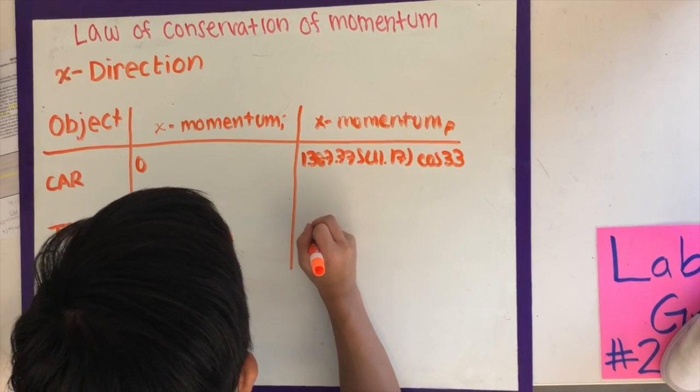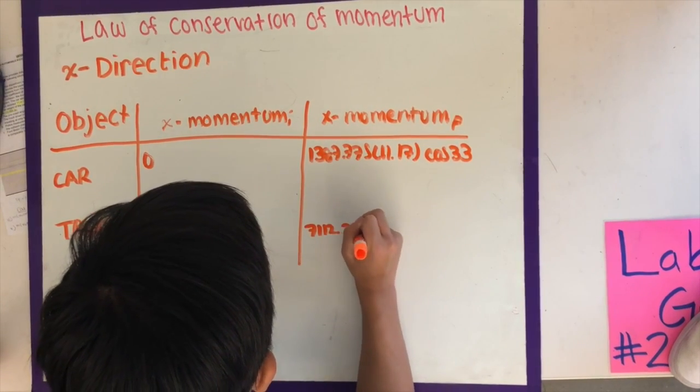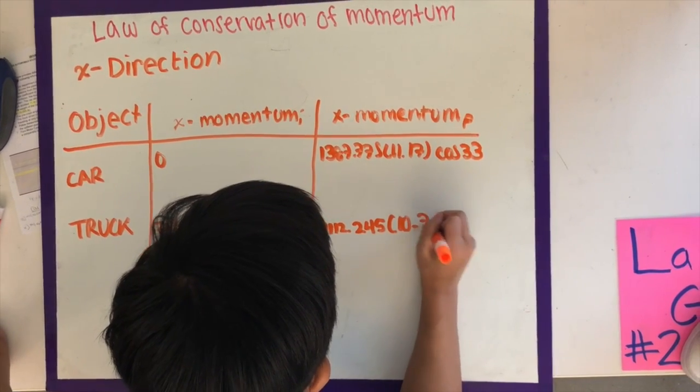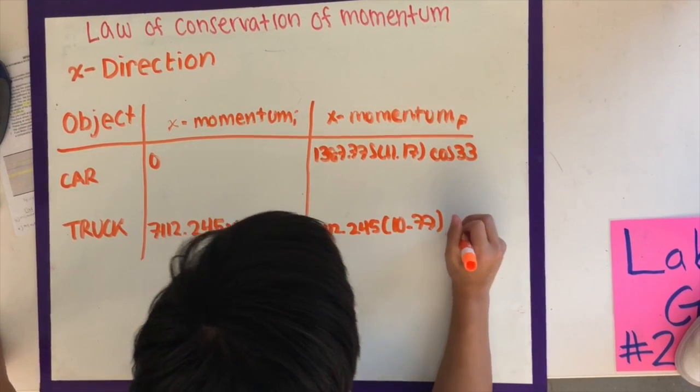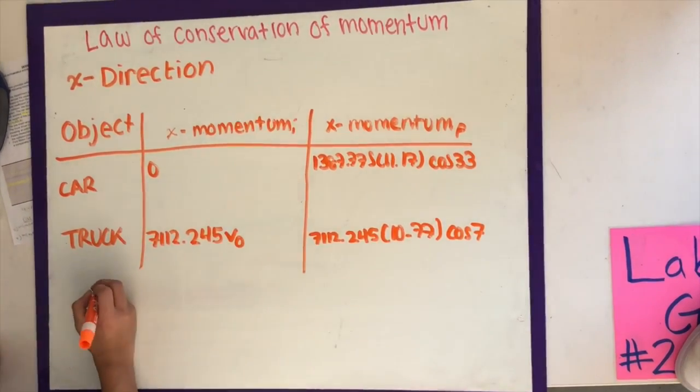Now we can set up the final x momentum of the truck like this too. Its mass, 7,112.245 kilograms, times 10.77, its velocity, times the cosine of the angle with which it skidded, which is also 7.